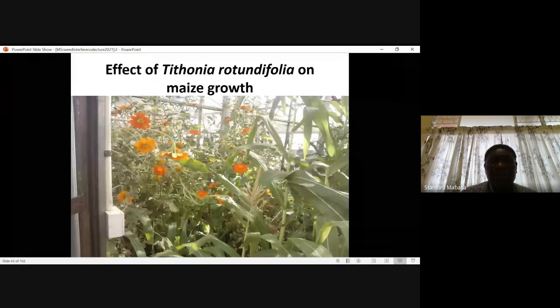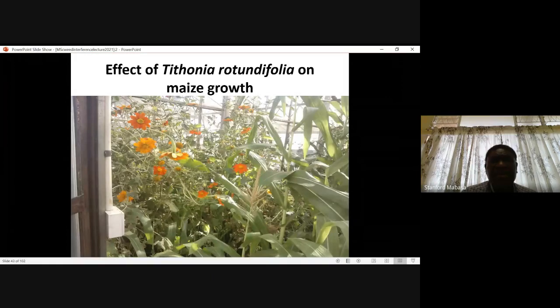Here I've got also an additive design which was used to assess the effects of Tithonia rotundifolia, or wild red sunflower, in maize.